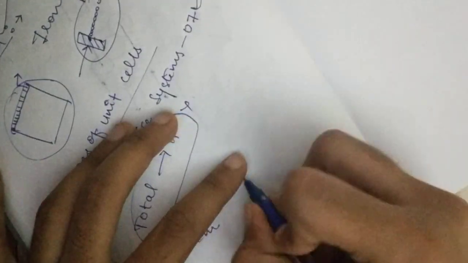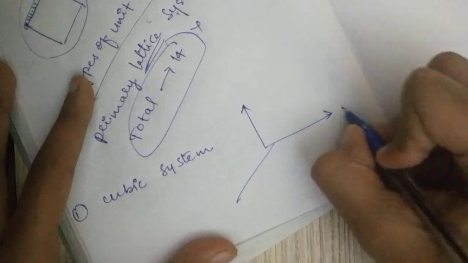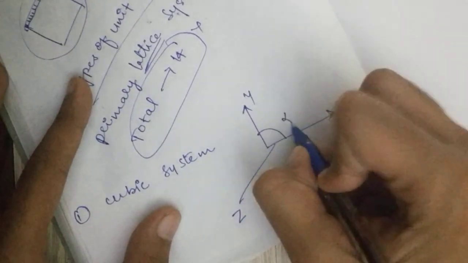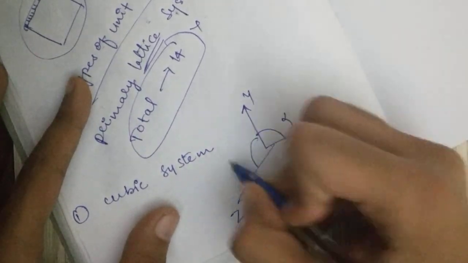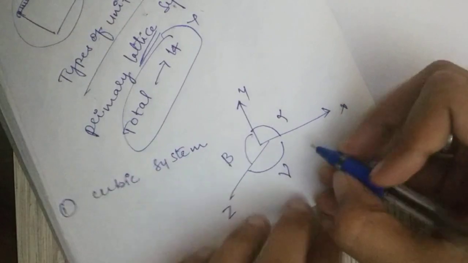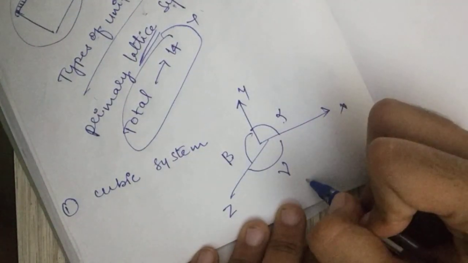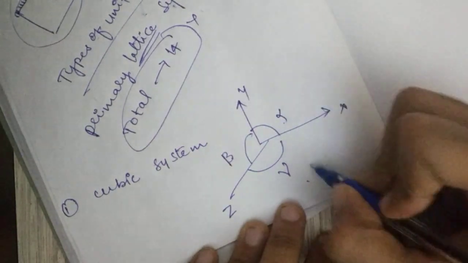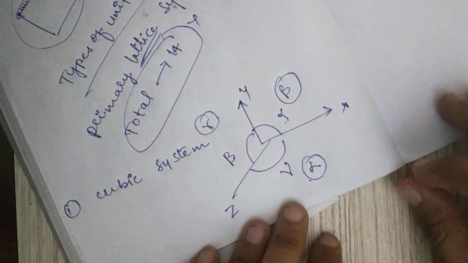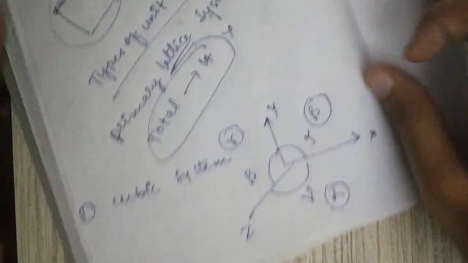If we take the x-axis, y-axis and z-axis, the angle between x and y will be alpha, y and z will be beta, and z and x will be gamma. It can be anything, but the concept will remain the same.